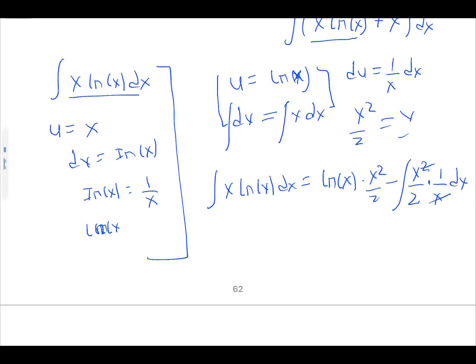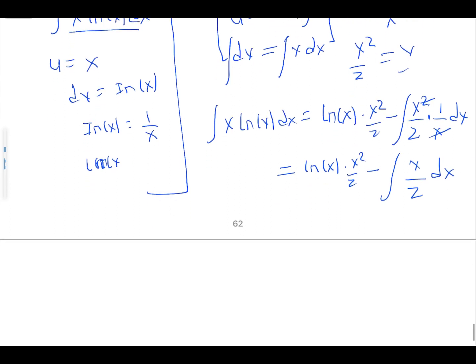We can see that we can reduce the power over here, and the resulting answer would be ln x times x squared over 2 minus the integral of x over 2 dx. You can see that this one is easy to integrate.